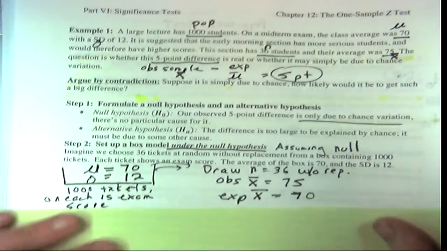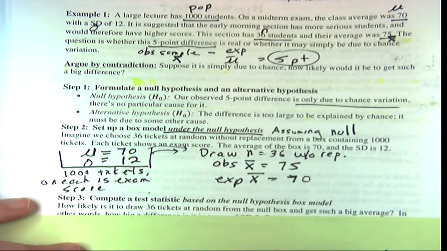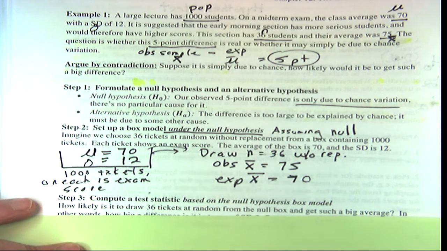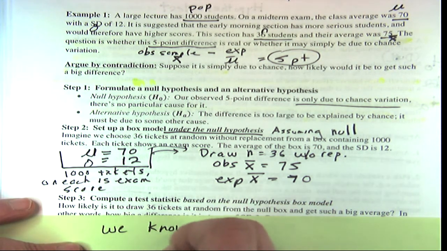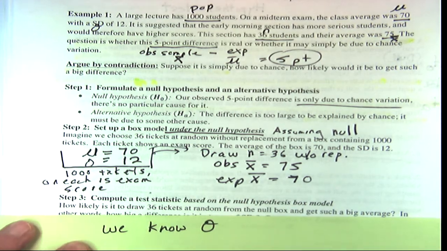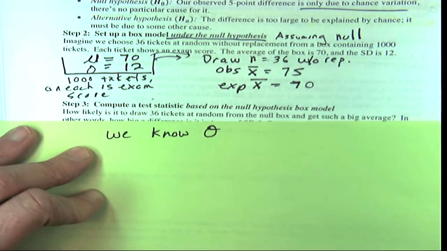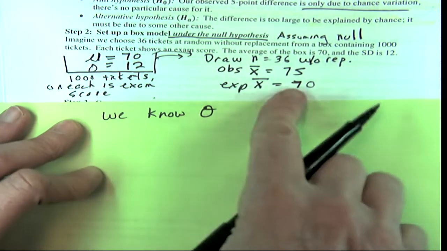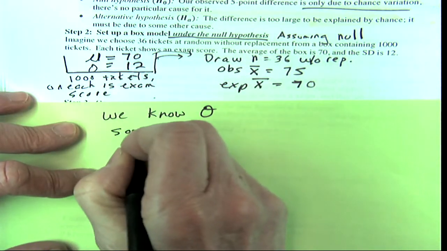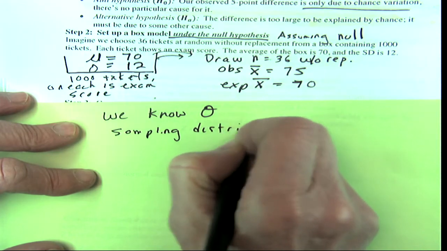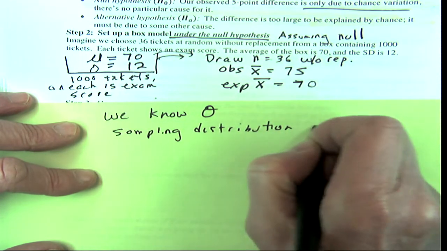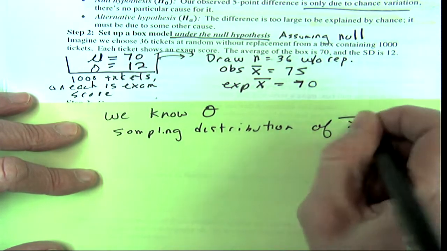So what do we know? We're not going to use a t distribution. Why? We know sigma. So t is out, right? Now, why do I think I'm going to use a normal distribution? I'm looking at the sampling distribution of the mean, of the average x bar, okay?